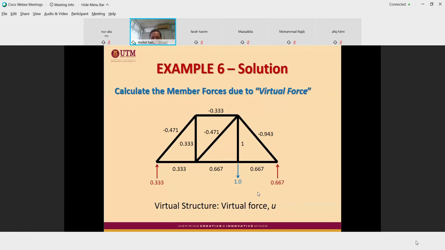Or 0.943 multiplied by cos 45 degree, or multiplied by 0.707.